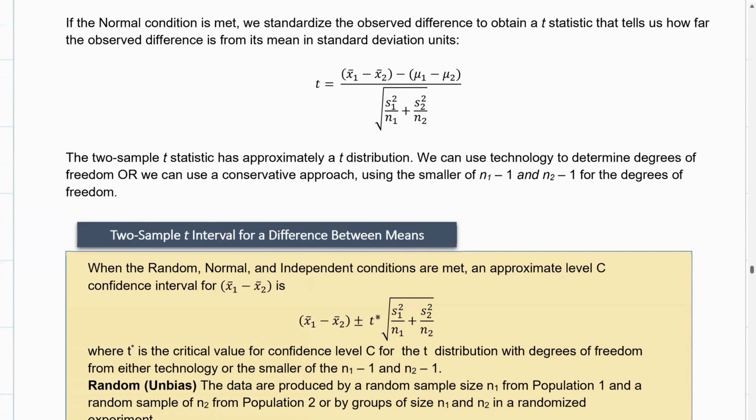Putting this together, we know that the difference of sample means minus the difference of population means, divided by the standard error, gives us a t-value. And therefore, we're going to be using a t-value in order to calculate our confidence intervals for difference of means.